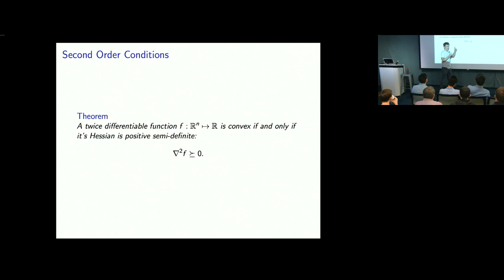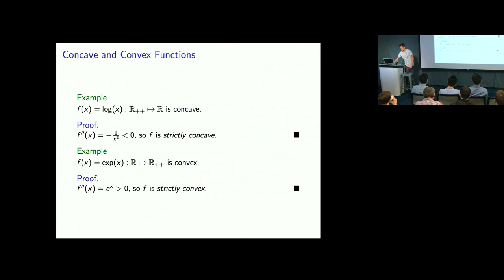So if you think of this as the second derivative, pretend it's positive, or non-negative in the semi-definite case. So a function is convex if and only if it's twice differentiable and its Hessian is positive semi-definite. That means that the second derivative is positive or non-negative. You can think of that as the first derivative always increasing, so it's going to be bowl-shaped effectively.